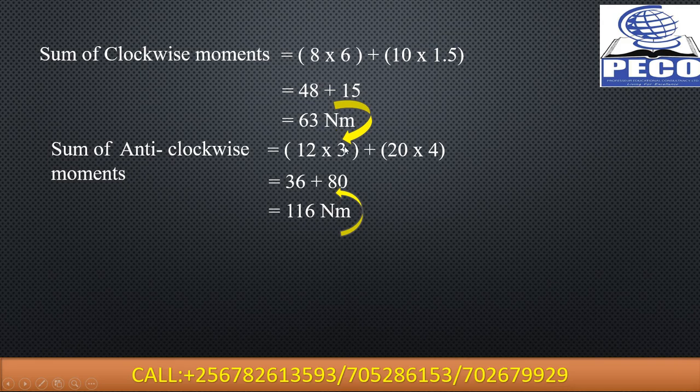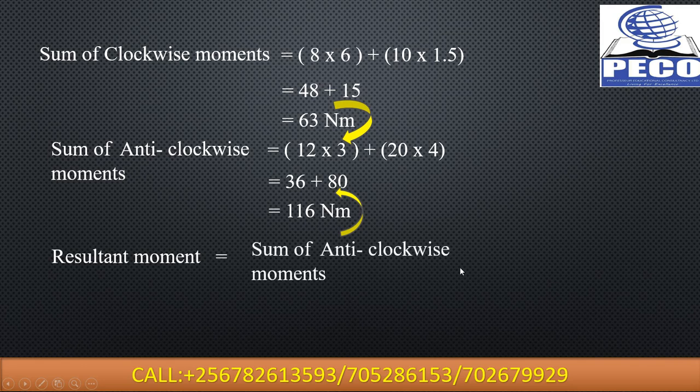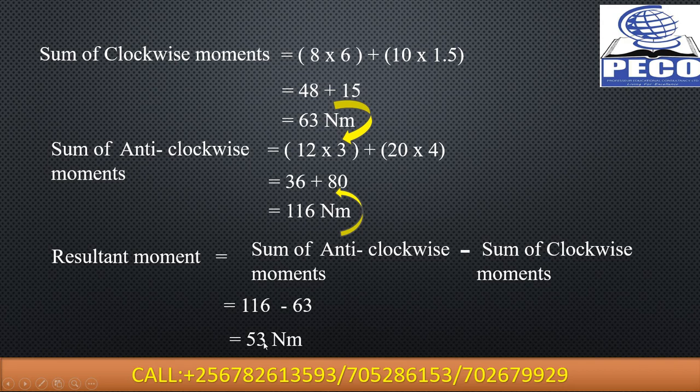Which one is greater? You can see that the anti-clockwise moment is greater than the clockwise. So we shall get our resultant moment to be the sum of anti-clockwise minus the sum of the clockwise moment. Substituting, we get 116 minus 63, giving us 53 Newton meters as the resultant moment.